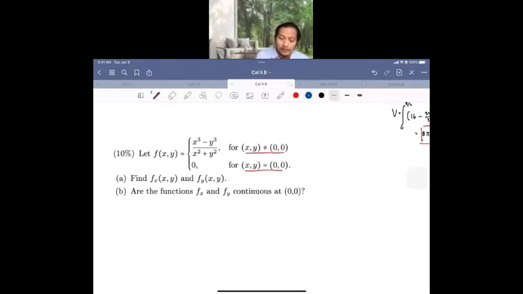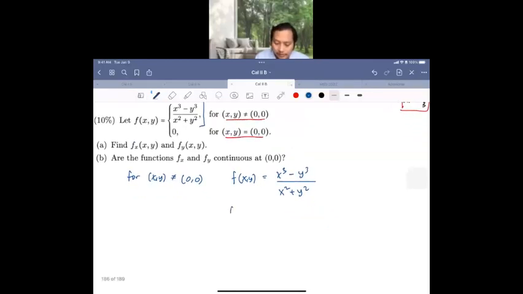First, for (x, y) not equal to (0, 0), we could just take our definition in here, which is f(x, y) equals x cubed minus y cubed over x squared plus y squared. From this equation itself, we could take the partial derivative with respect to x.